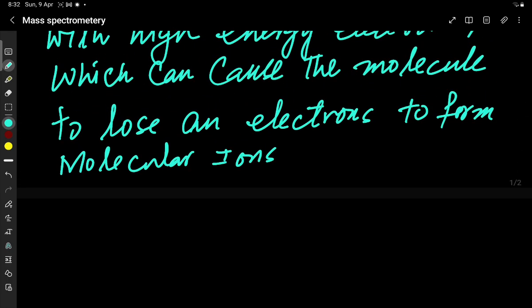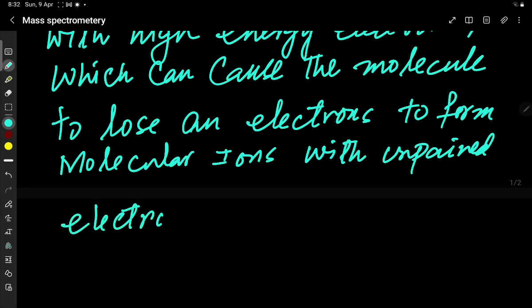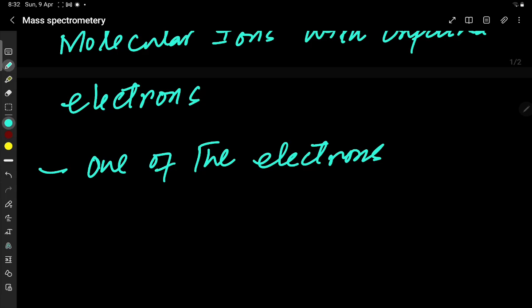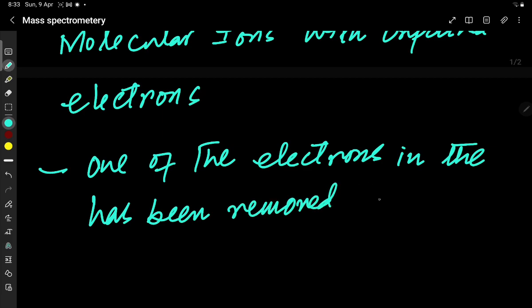Molecular ions have an unpaired electron, because one of the electrons in the pair has been removed by the beam of electrons.